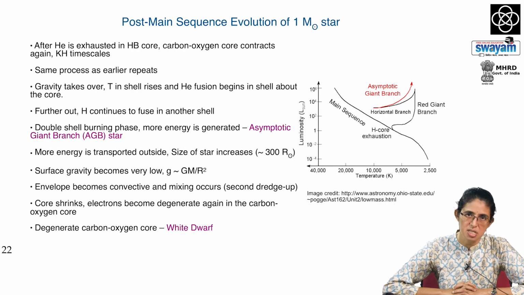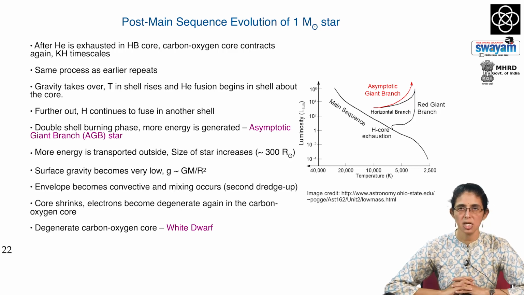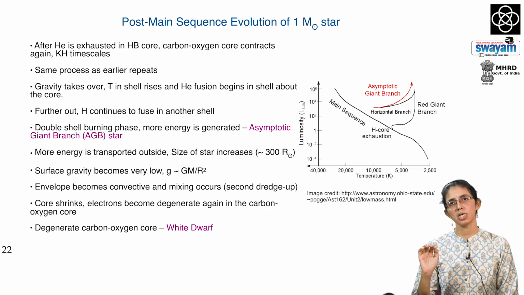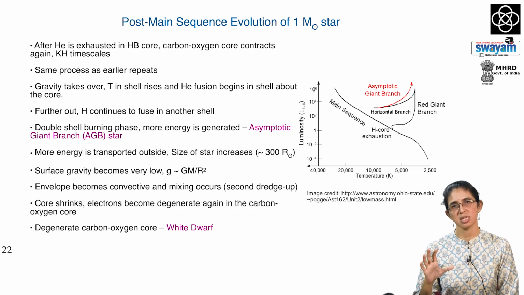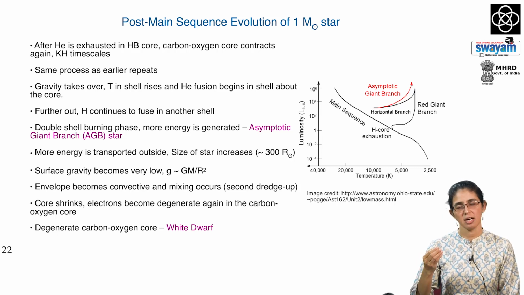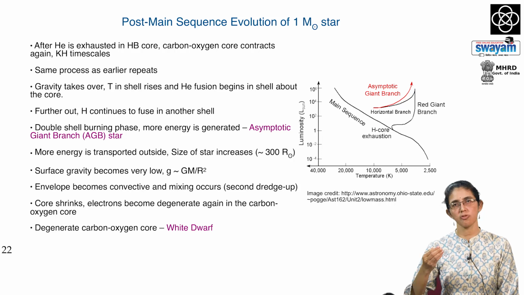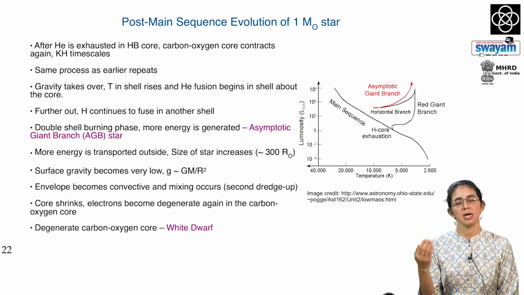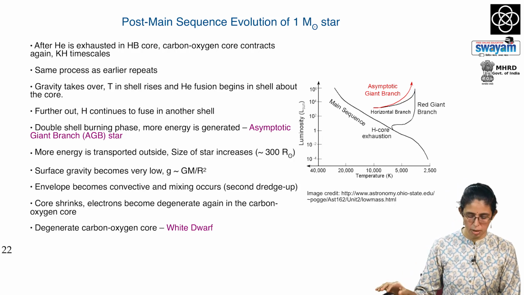And beyond this, if there is sufficient matter, then you could have a shell of helium which is not burning, because the temperature and pressure conditions are not high enough for this fusion to occur. And beyond that, there is another shell of hydrogen, which is fusing to helium. This is all governed by the temperature gradient which is present in the star. As the temperature and pressure conditions are such for the helium fusion to occur, it will occur, and if it is sufficient for the hydrogen fusion to occur, it will occur.